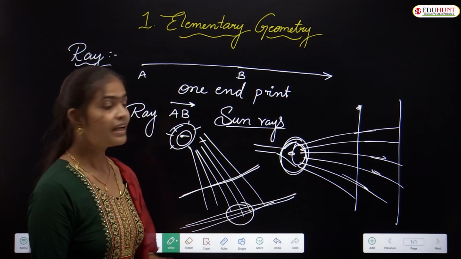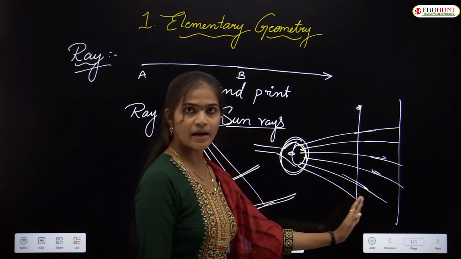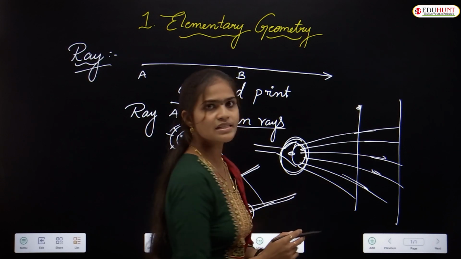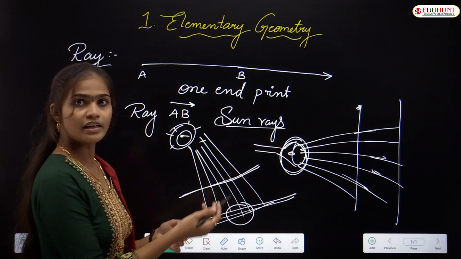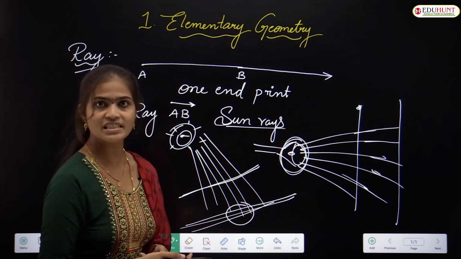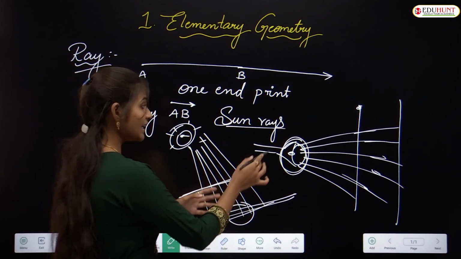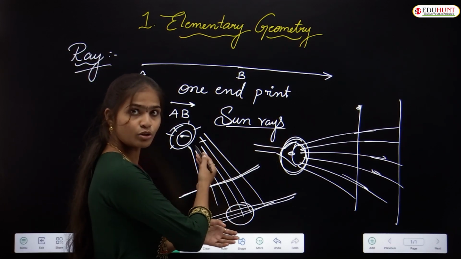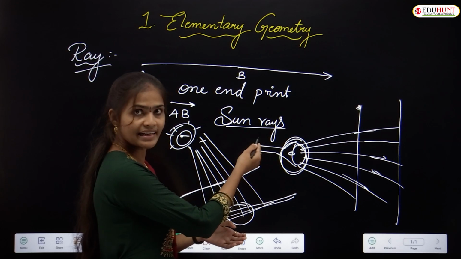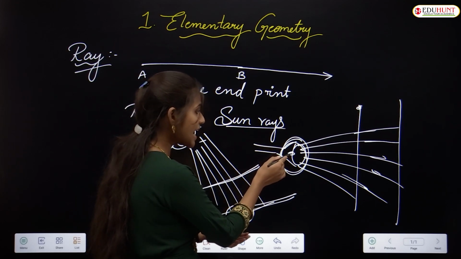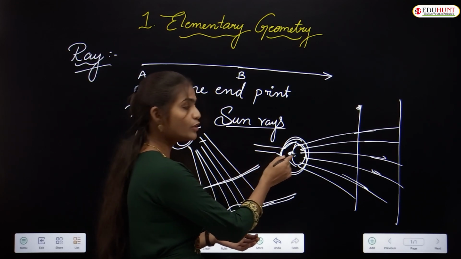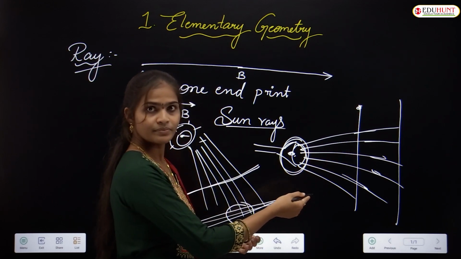Obviously. Or else I kept one paper here. Through that paper also some rays pass and reach the next surface, no? But at the back side of the torch, we can't see any rays. This is the starting point, and only through that starting point do we have rays. Is it clear?